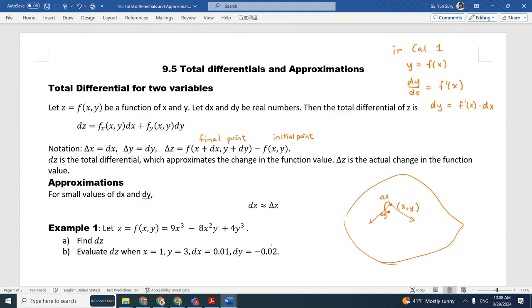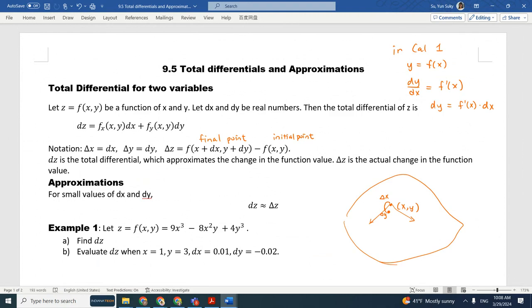So then at this point, dz is this formula. The change of z is actually f of the new point minus f of the initial point. So the actual change of the height. Can you imagine, everybody? All right.